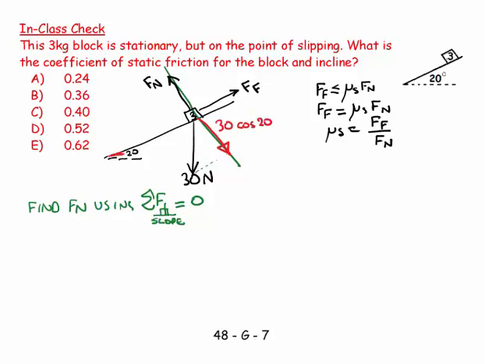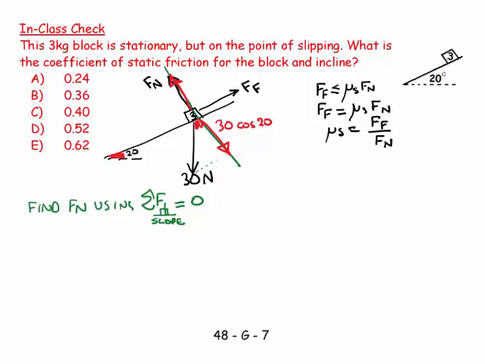If this little angle here is 20, the little angle there is 20. So that's 30 cosine 20. And this force up here is Fn, and Ff has nothing to do with this axis.